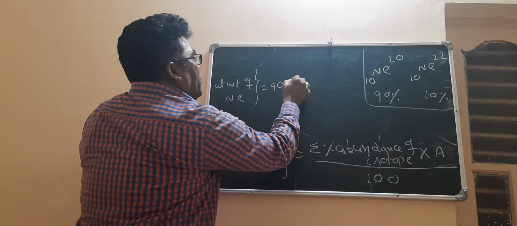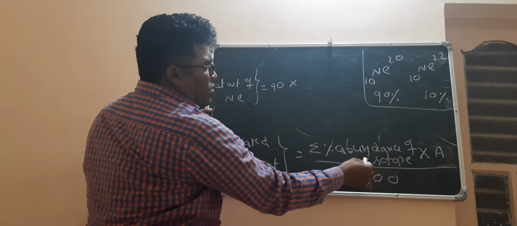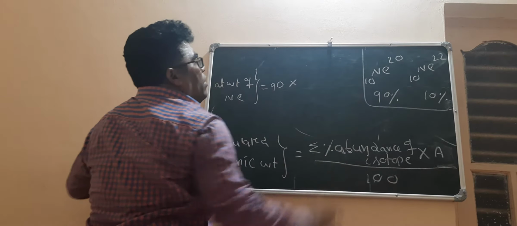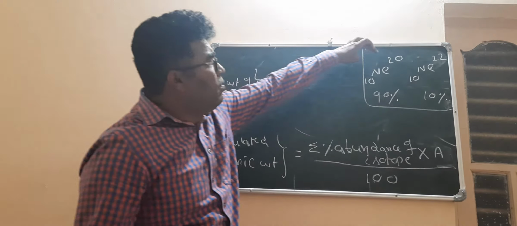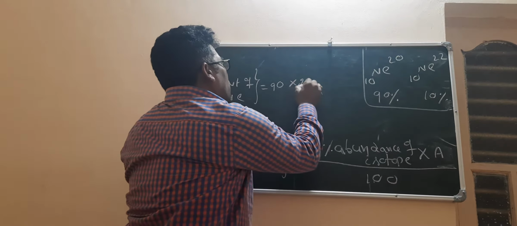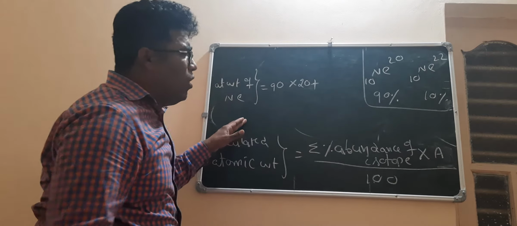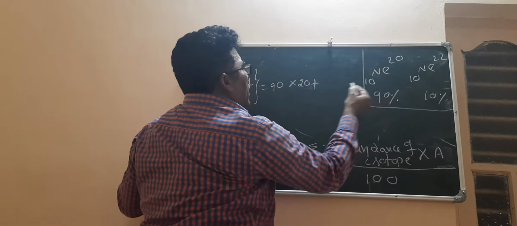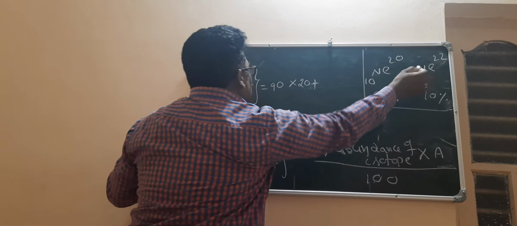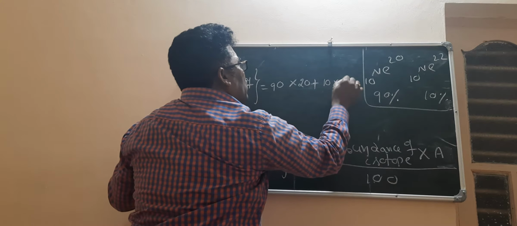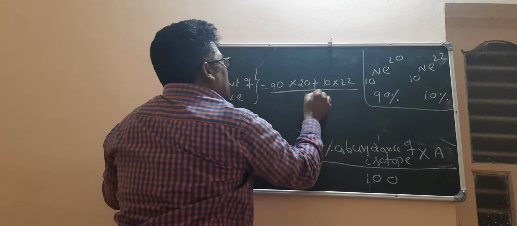90 into mass number; the mass number is 20. So 90 into 20, plus the percentage abundance of this one, 10, into 22, by 100.